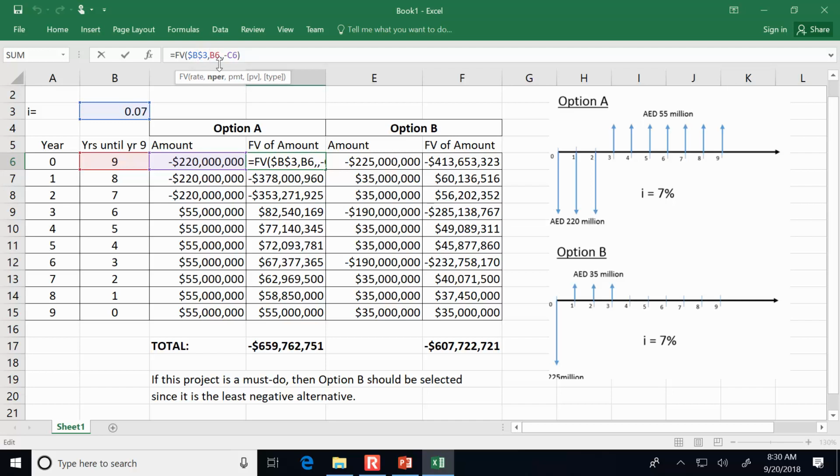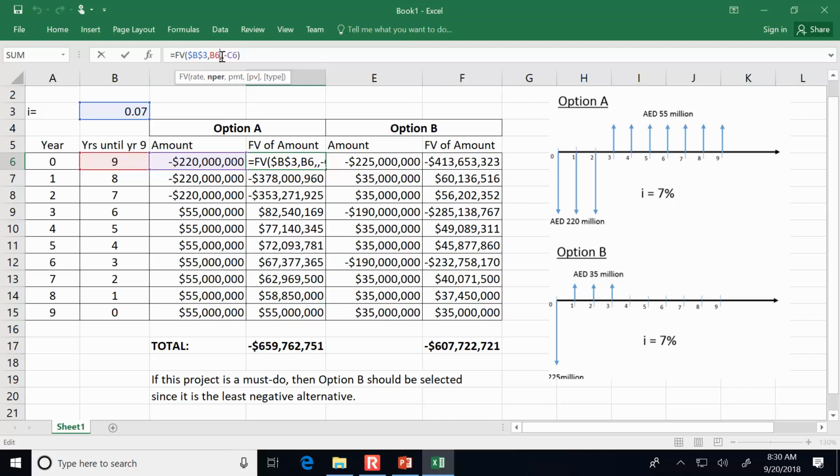Okay, NPER means the number of periods, and that needs to be on our alternate time column, because we want to tell it how many years into the future this 220 million is going. So if it's going from year 0 all the way to year 9, that's 9 years. So it shouldn't be looking at 0, because that's not how many years it needs to move. So be sure and use the right time column.